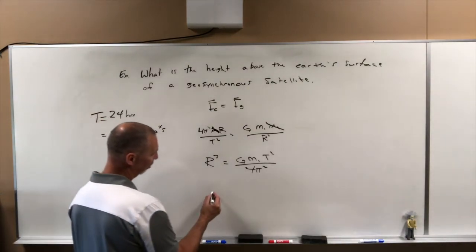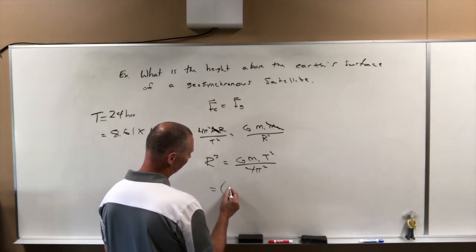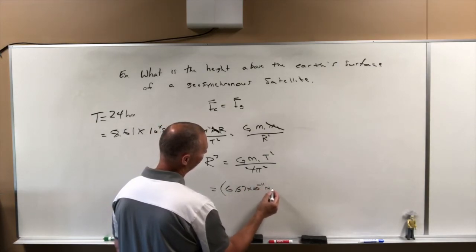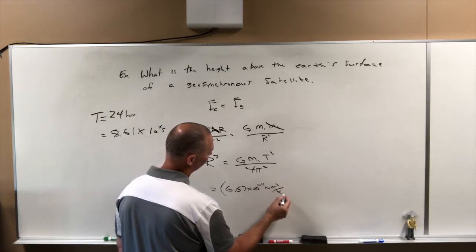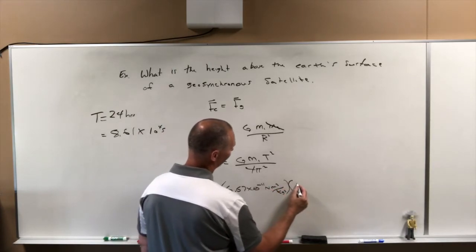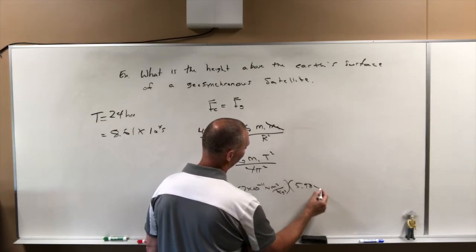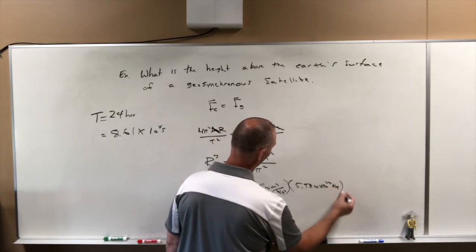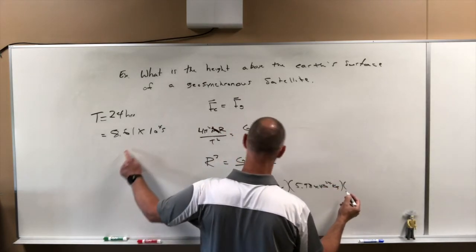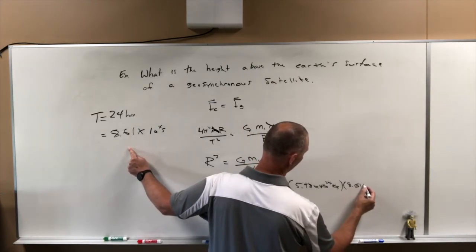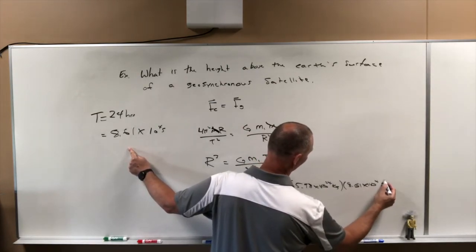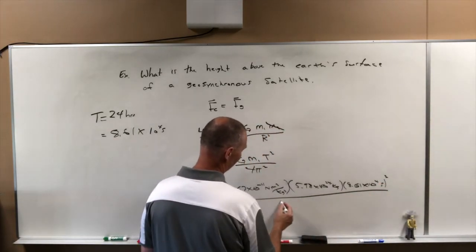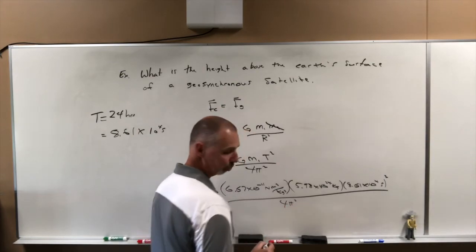All right, so let's plug in some numbers here. We know that G is 6.67 times 10 to the negative 11 newton meters squared per kilogram squared. Mass of the Earth, 5.98 times 10 to the 24 kilograms. Time is this 8.61 times 10 to the 4 seconds squared over 4 pi squared.